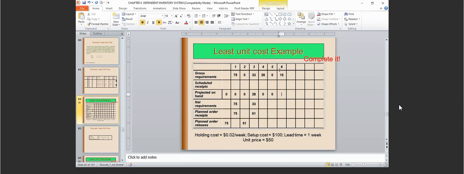Since period 6 is the last period to be analyzed, we just put 10 units here, and this will also be 10 units.